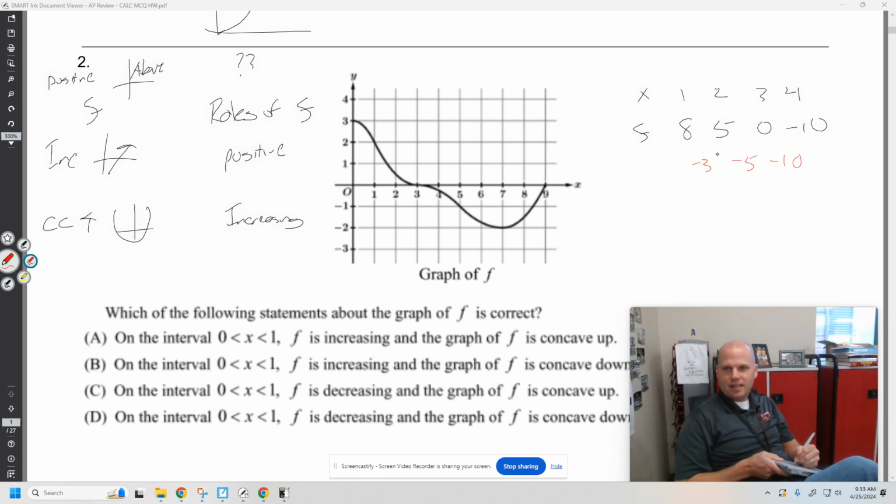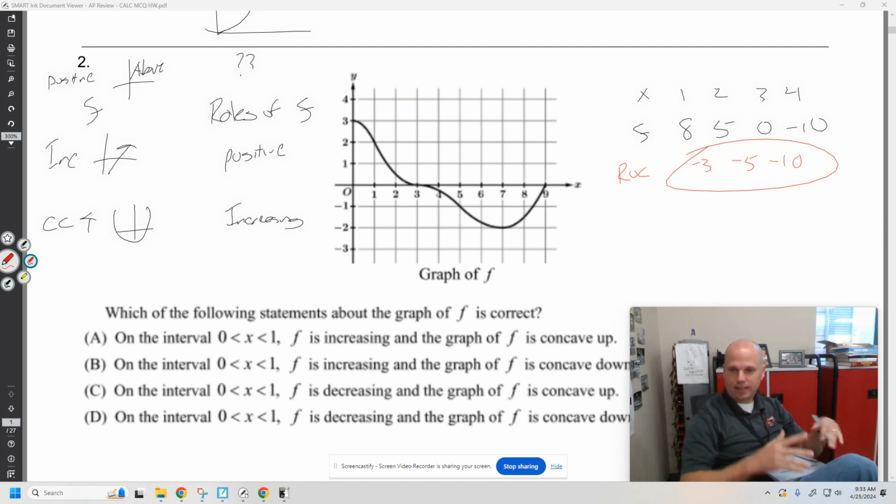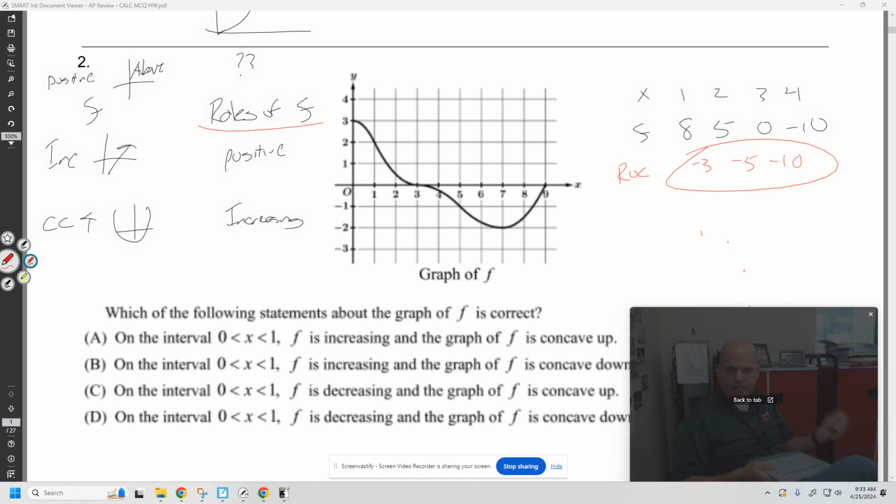I said, these rates of change are negative and decreasing. And he's like, no, they're increasing. That's not true. Negative 3 to negative 5 is minus 2. Negative 5 to negative 10 is minus 5. If your rates are decreasing, you are concave down with your graph. 8 to 5 to 0 to negative 10 is concave down.